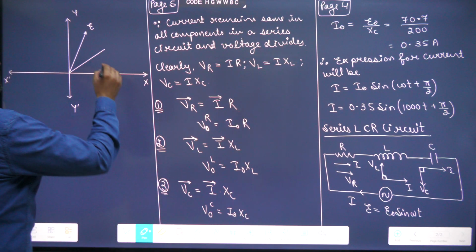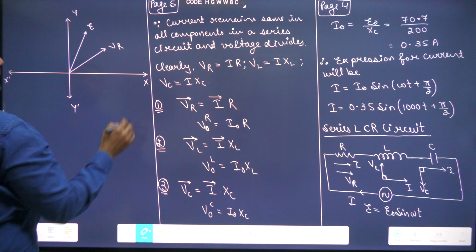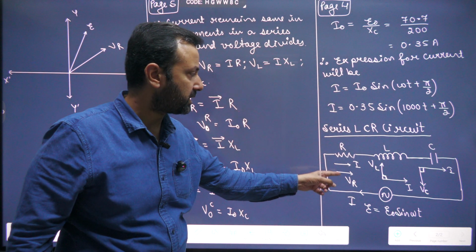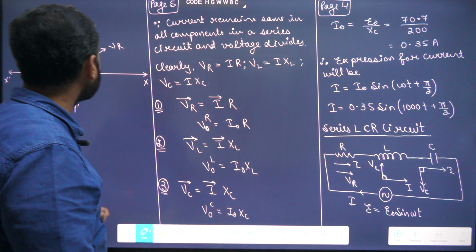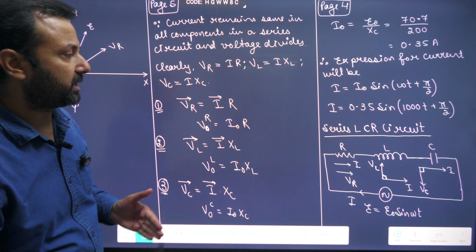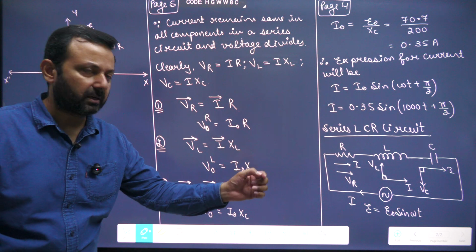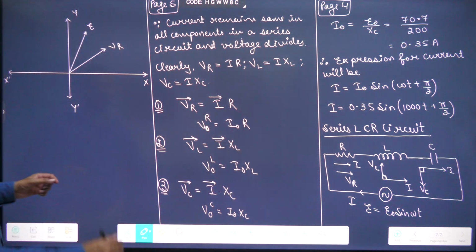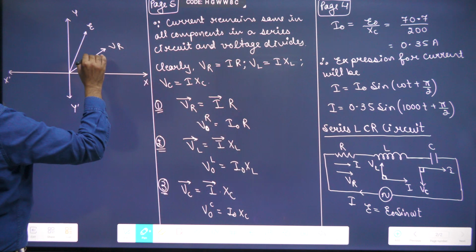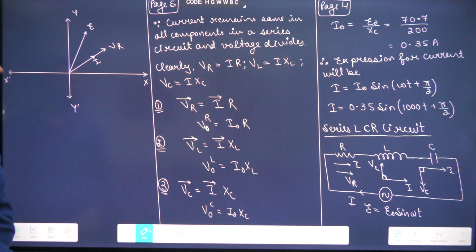This is VR, voltage across resistance. And in case of resistance, voltage and current are in the same phase with each other. But we know that current is always a little bit less than the voltage in case of resistance, inductance, or capacitance, anything. So VR and I, they both are in the same phase with each other. So let's mark I here. I is here. All right.